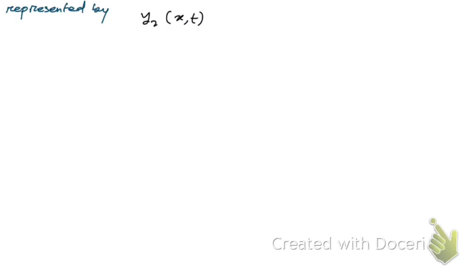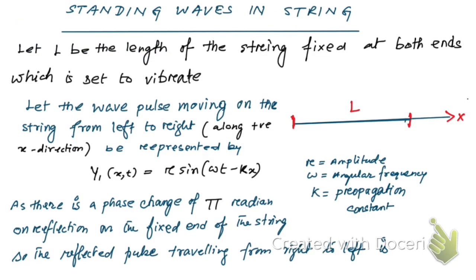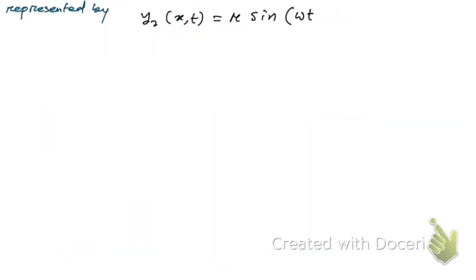y2 of x, t is equal to r sine of omega t, and now the direction is changed, so this minus will be plus, plus kx. As there is a phase change, we have to write plus pi.